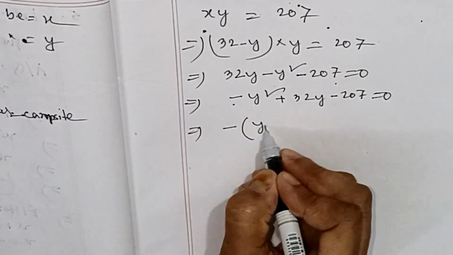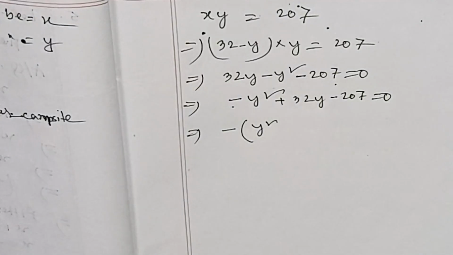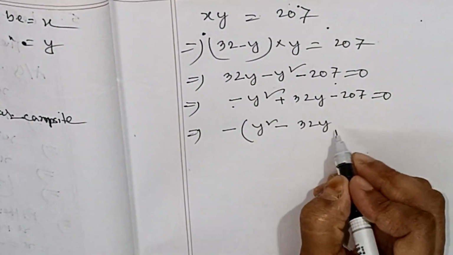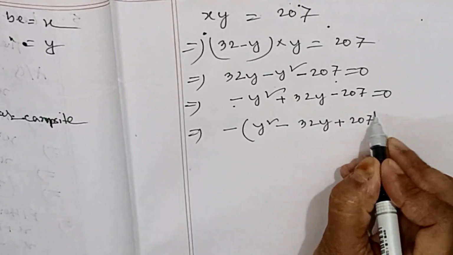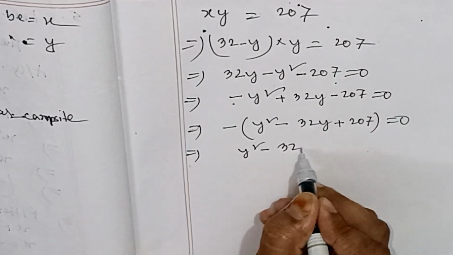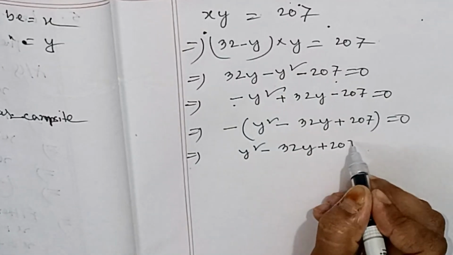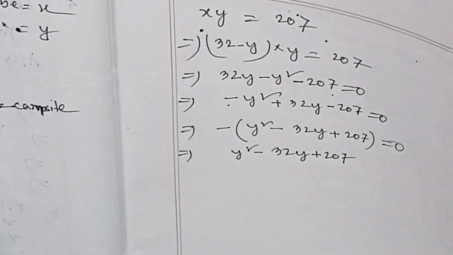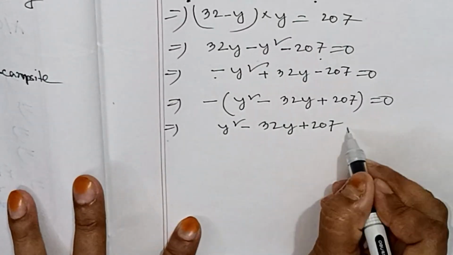So take minus common, so y square minus 32y plus 207 is equal to 0, since 0 divided by minus is 0.